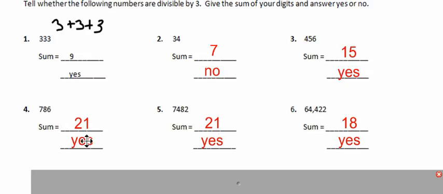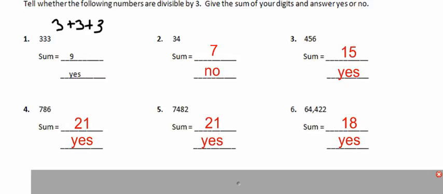I got 21. 3 goes into 21, so therefore 3 will go evenly into 786. For number 5, I did 7 plus 4 plus 8 plus 2, and my sum is 21. Since 3 goes into 21, 3 will go evenly into 7,482. And for the last one, number 6, 64,422, the sum is 18. So 3 goes into 18, and therefore 3 will go evenly into 64,422.